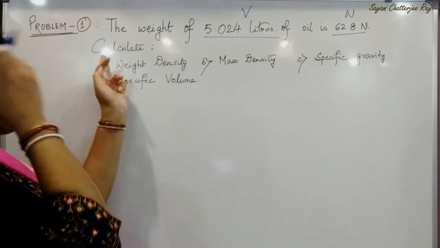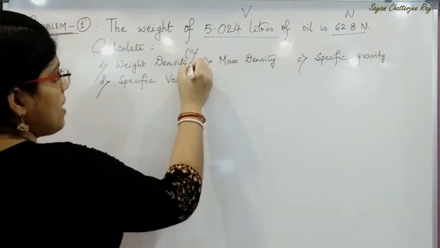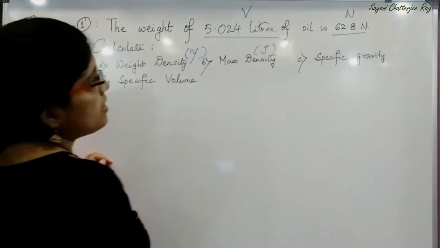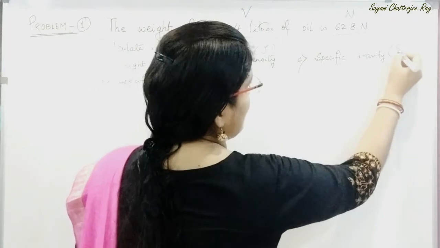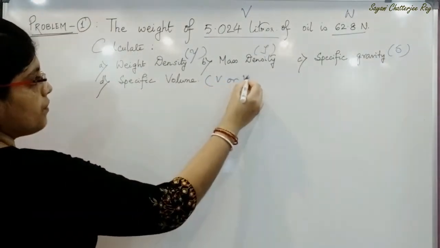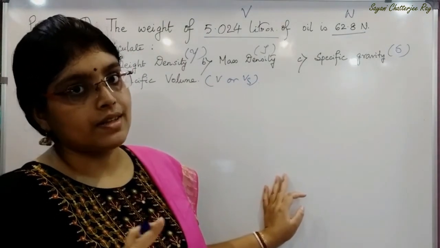We are asked to calculate the weight density, that is gamma, mass density, that is rho, specific gravity, that is S, and specific volume, that is Vs. So we have to find these four parameters in this question.